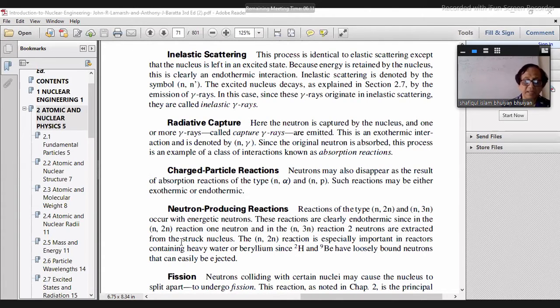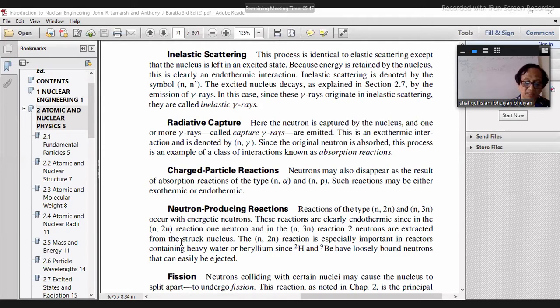Many of the reactions that I already mentioned involve the formation of the compound nucleus, scattering, both elastic and inelastic. The neutron is absorbed to form a compound nucleus, the atom is uncharged, and the mass number increases by 1. Of course, the mass number will increase by one.